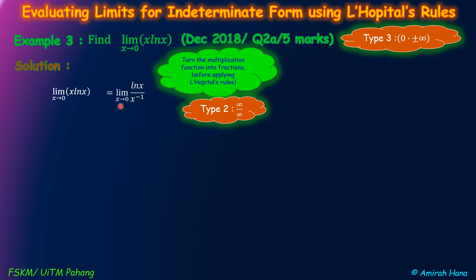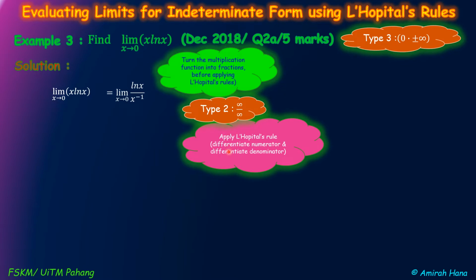We substitute 0 into variable x, so we have ln 0, which is infinity, and then 0 to the power of -1 means 1 over 0, which is also infinity. So now we have the form infinity over infinity, type 2 indeterminate form. From here, we can use L'Hopital rule.